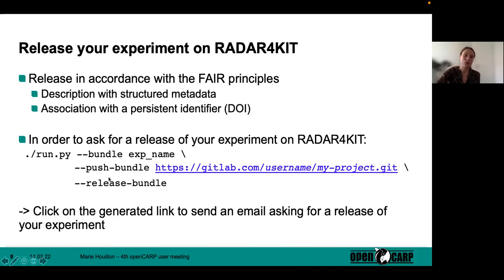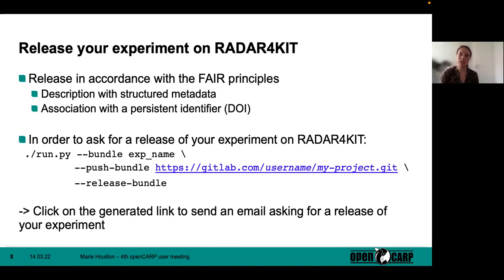In order to ask for a release of your experiment, you can run the same command as before using the bundle and push bundle options, and you can add the release bundle option. This will generate a link, which will be an email that is created.